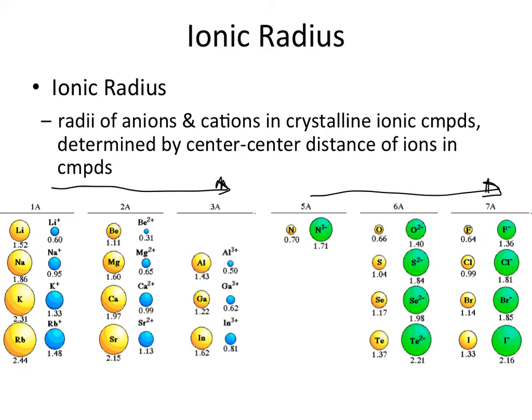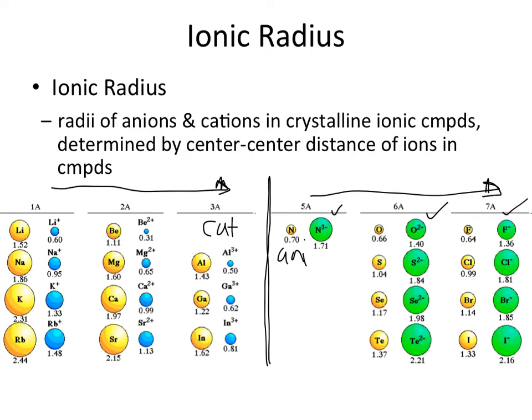However, what I want you to notice is that when we break between the cations and the anions, when we go from one side to the other, obviously there's going to be a size increase on the anion side, right? We just talked about why that's the case. So although the trend is true for the halves, so the cation side and the anion forming side, it's not necessarily true all the way across the table. I hope you see that.